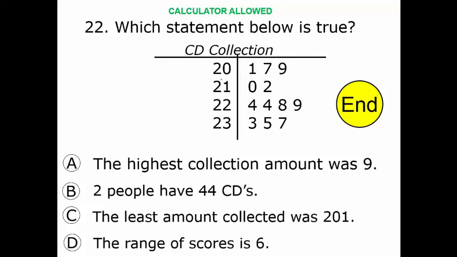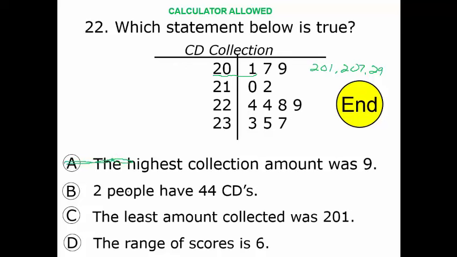In fact, this actually means 201, for instance. So 201, 207, 209. That being said, that is definitely not the highest number of CDs. So statement A is out.